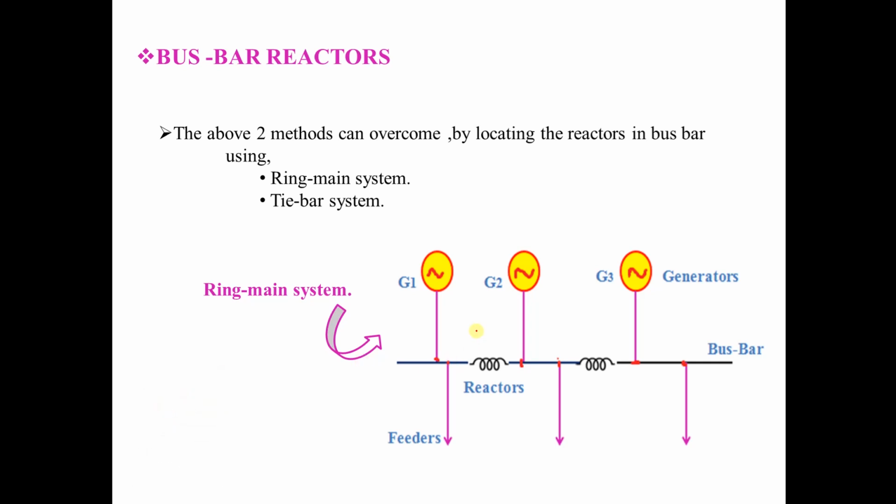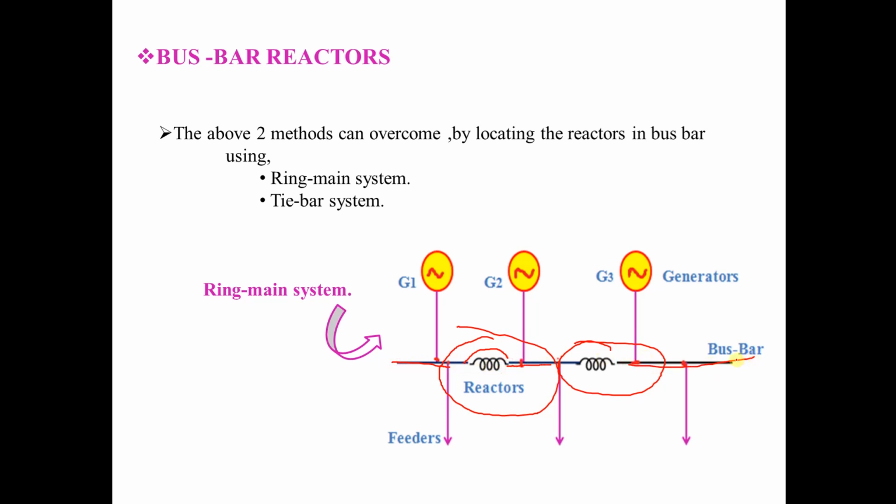Okay, so this is the ring main system, and the reactors are in the bus bar, and separate feeders and generators are there. So for ring main, the bus bar is divided into sections and each is connected through the reactors. So each bus bar section is connected to the reactors.